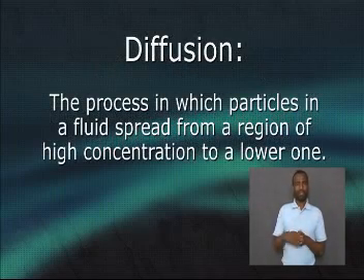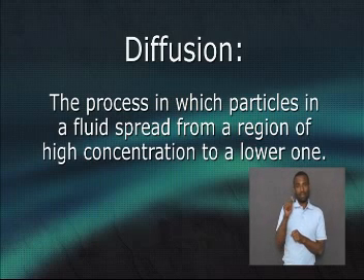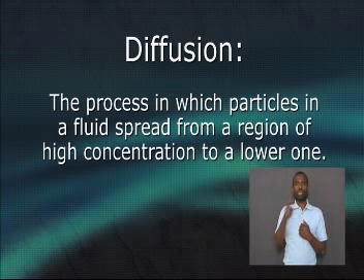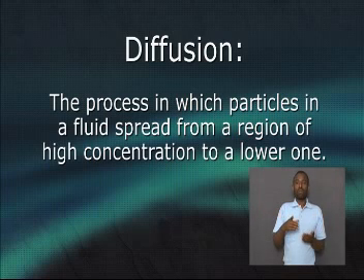The Brownian motion theory was not the only one that helped define the kinetic theory of gases. There was also the concept of diffusion. This is the process where particles in a fluid spread from a region of high concentration to a lower one.